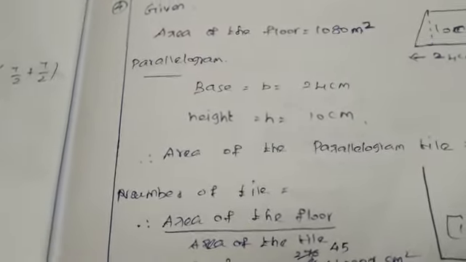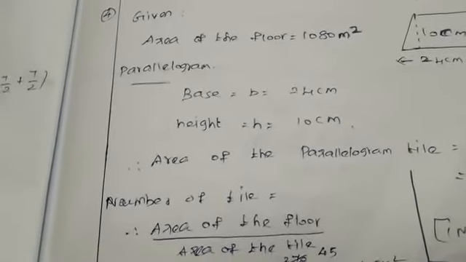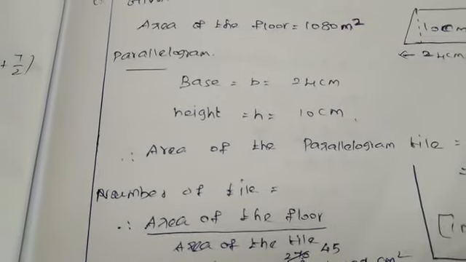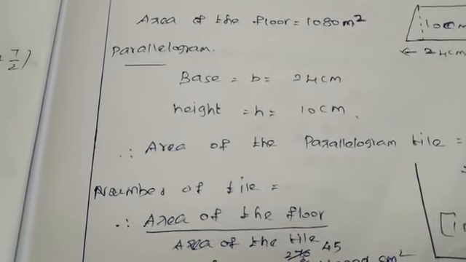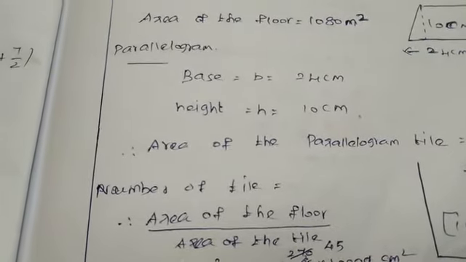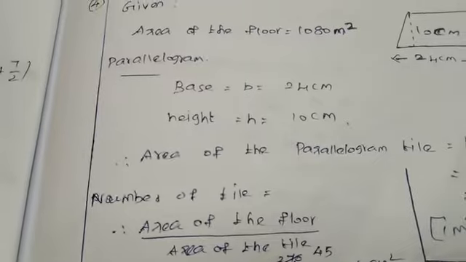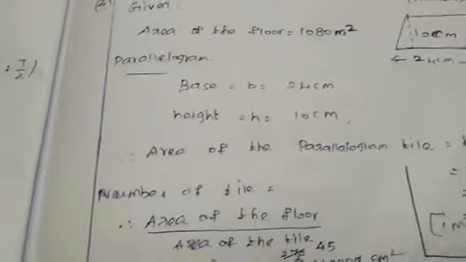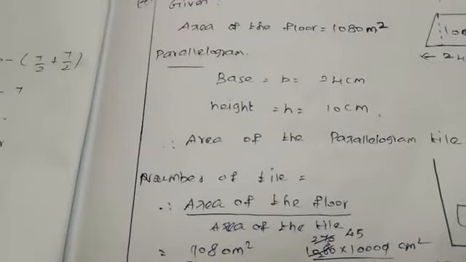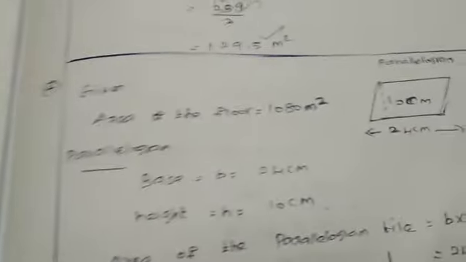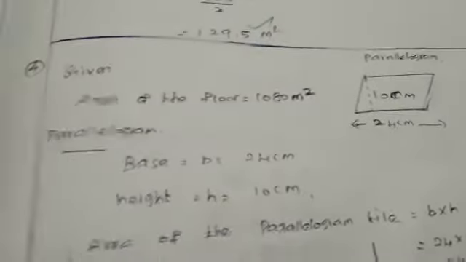Most of the tiles are in a square form, where you can realize 1 square feet or 1 square meter. Suppose it's a bigger size, they can use 3 feet into 3 feet, 5 feet into 3 feet. That is the dimension of the particular tile given.